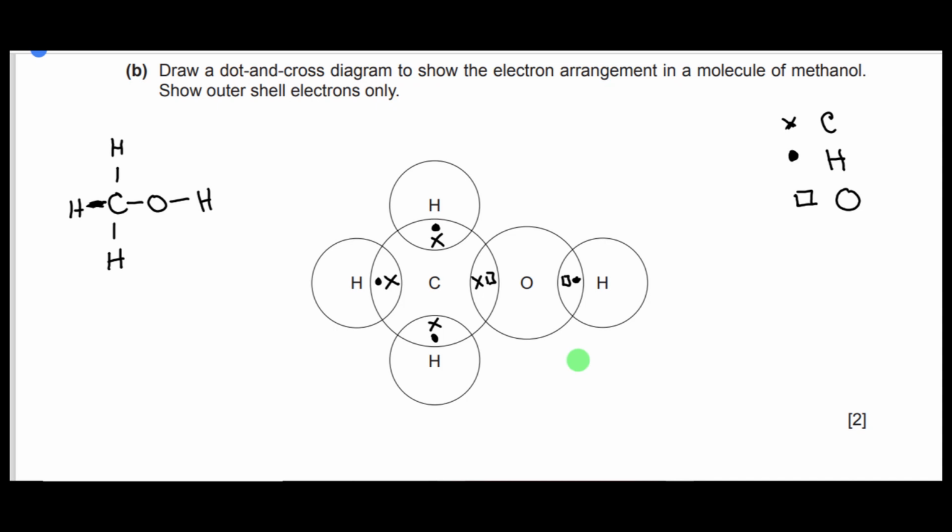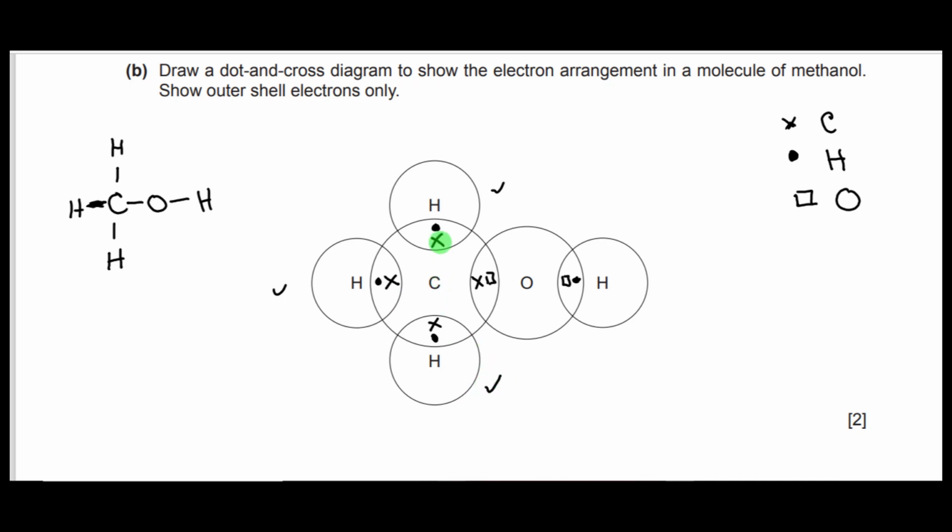Good. So now, after we have done that, remember we are asked to show what? Only outer shell electrons. So hydrogen here, the outer shell electrons now are what? 2. 1, 2. So hydrogen is complete. The essence of bonding or chemical combination is to attain the noble gas configuration. So this hydrogen has attained the duplex configuration, 1, 2, complete.